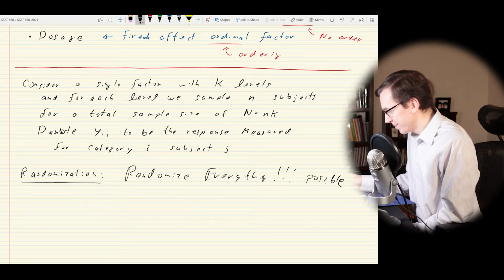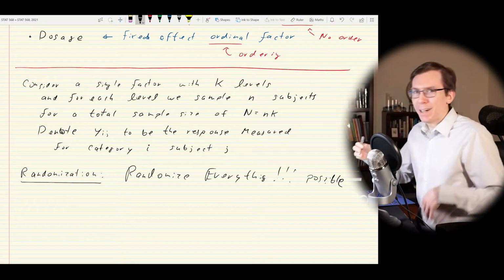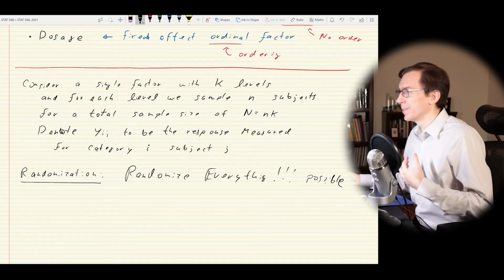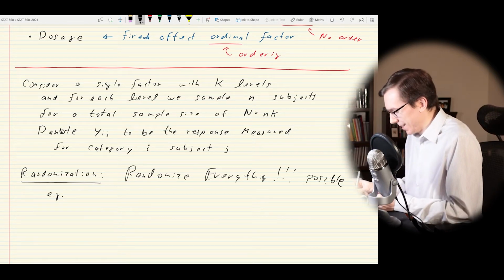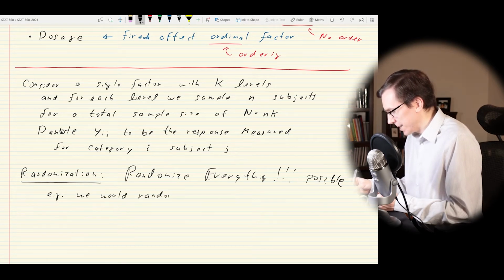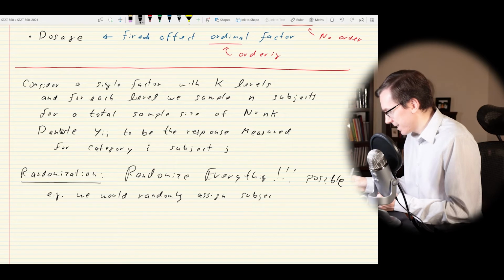Possible. We randomize everything that's possible to randomize. So, for example, we would randomly assign subjects to treatment groups.